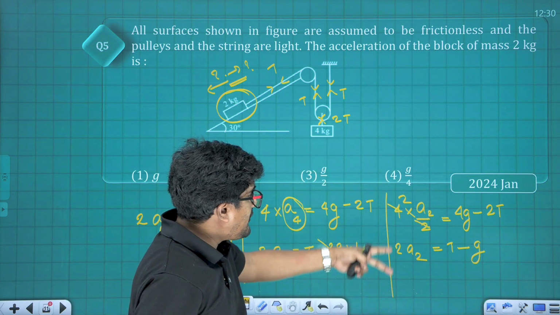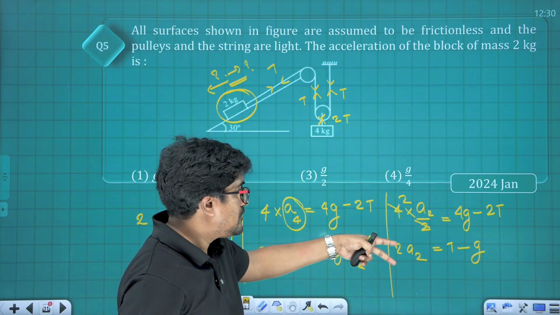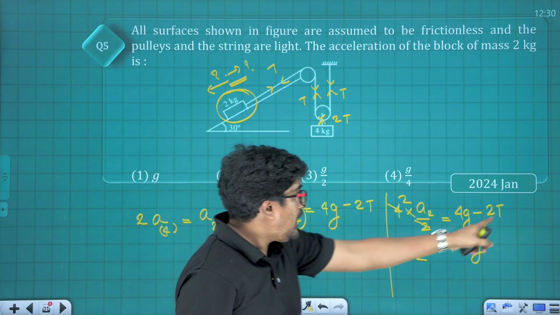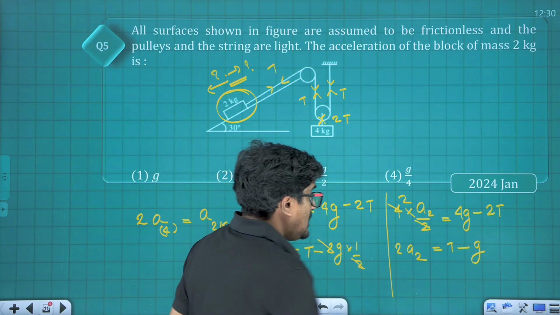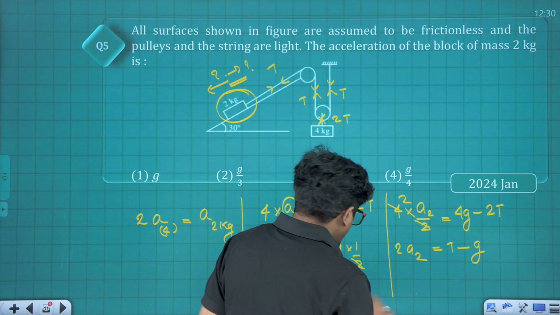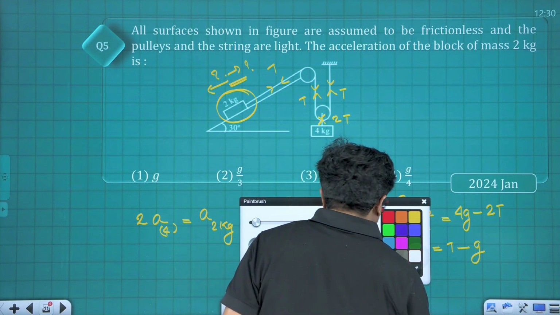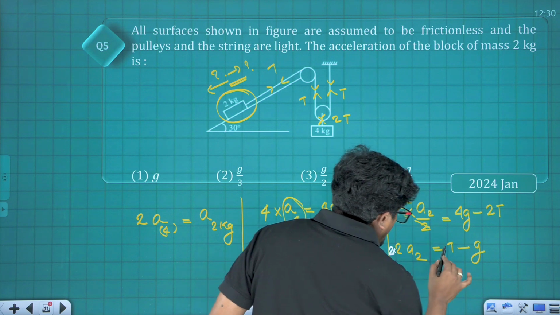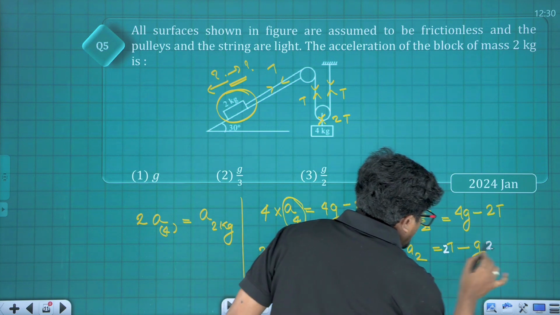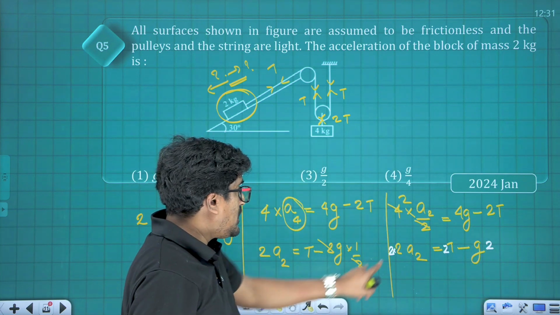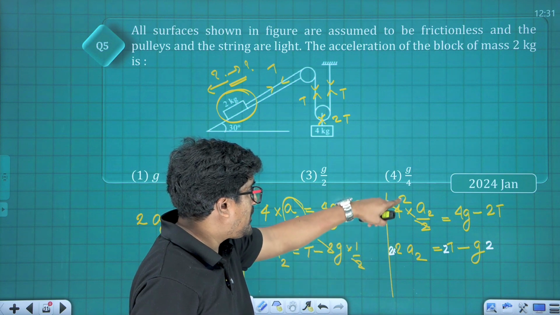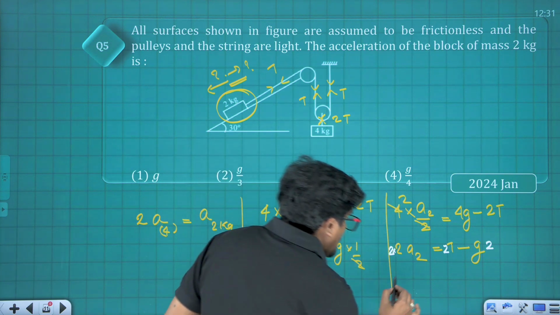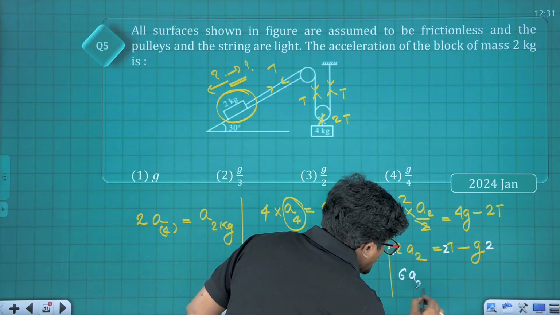If I add these two, and if I can have 2 here, then T and T will cancel each other. So I am considering that possibility first. I will be multiplying this term with 2, and this also will be multiplied by 2. Now 2 2s are 4, and 4 plus 2 is 6, so 6 A2 on the left hand side.